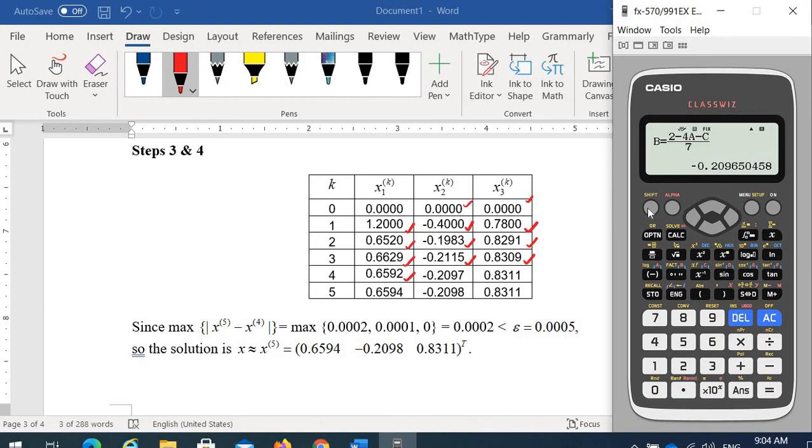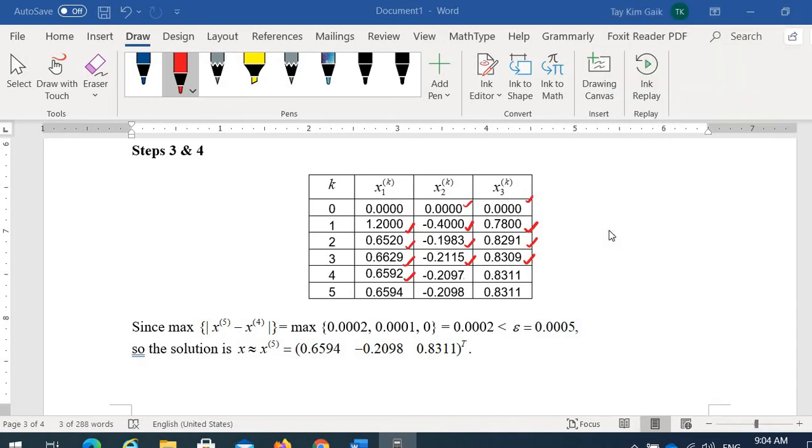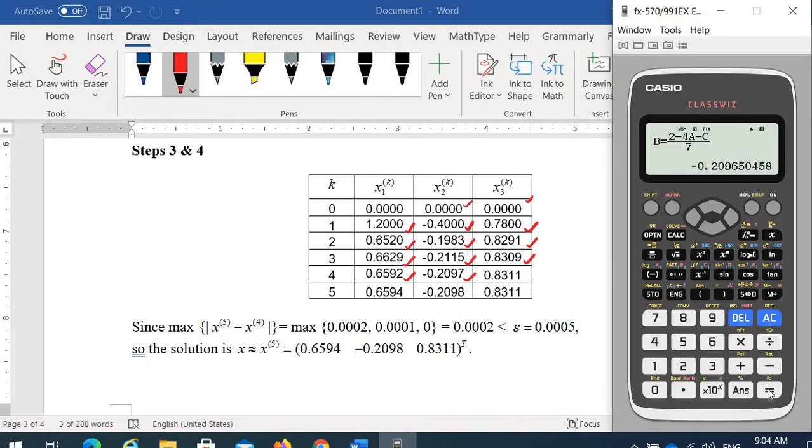Okay, if you want to fix all decimal places, you go shift mode. Oh, in here already cannot. And before that, you shift mode, fix your number format to 4 decimal places. So negative 0.2997, and then equal again. Okay, this is C, 0.8311.